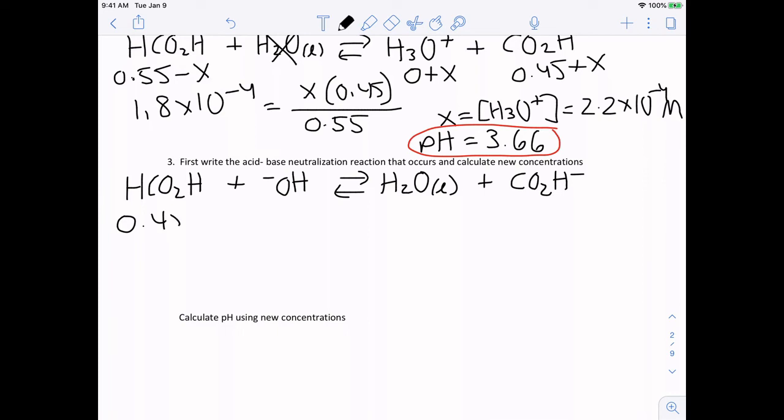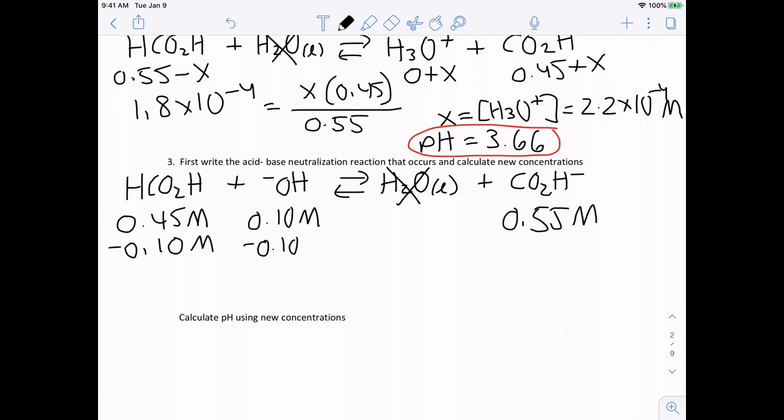So 0.45, 0.10, don't care, 0.55. And then again, limiting reactant problem. So we're going to take the smaller concentration of the two reactants, subtract it from both reactants, and add it to the product side. Because 0.10 is smaller than 0.45, that's the one we're going to subtract from both.